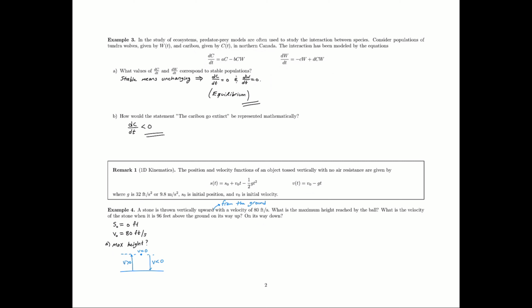So let's go ahead and fill in our equations here. I guess we can do this right underneath here. So let's go ahead and just say that S of t so far is 80t minus a half g t squared, and V of t is 80 minus g t.